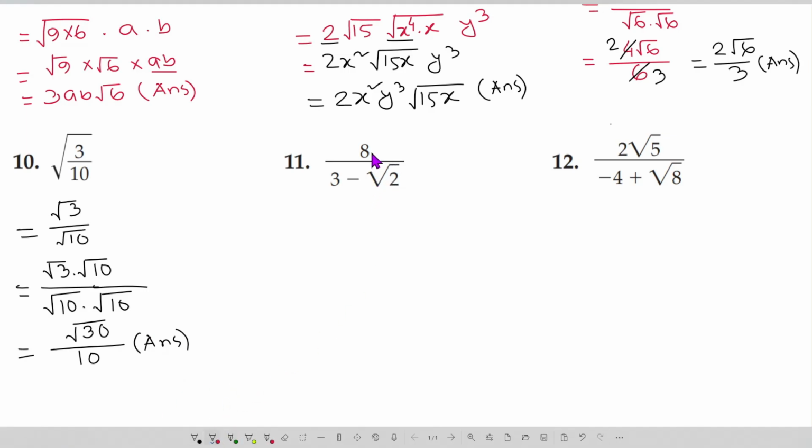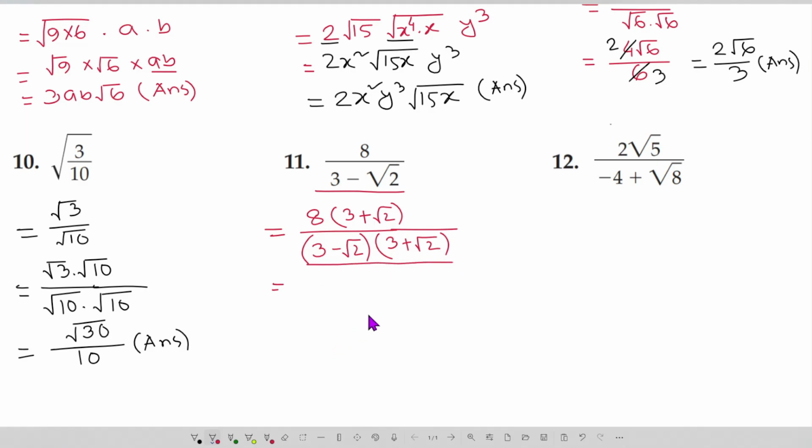Next one, here is 8 divided by 3 minus root 2. Our target is not to keep any root in the denominator. Therefore, we multiply this fraction by 3 plus root 2. It means 8 times 3 plus root 2 divided by 3 minus root 2 times 3 plus root 2. Now it looks like a square minus b square, which means a plus b times a minus b.